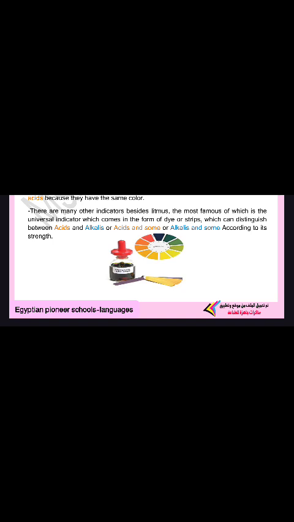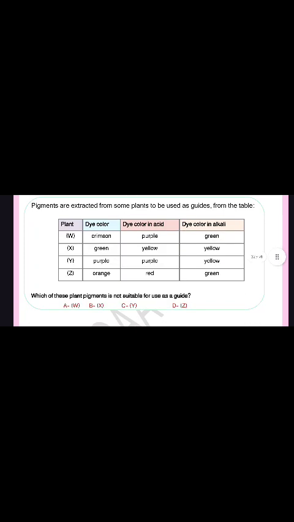So it can differentiate between them according to their strengths. Pigments are extracted from some plants to be used as indicators according to the following table. These are the dye colors in acids, and the dye colors in alkalis.